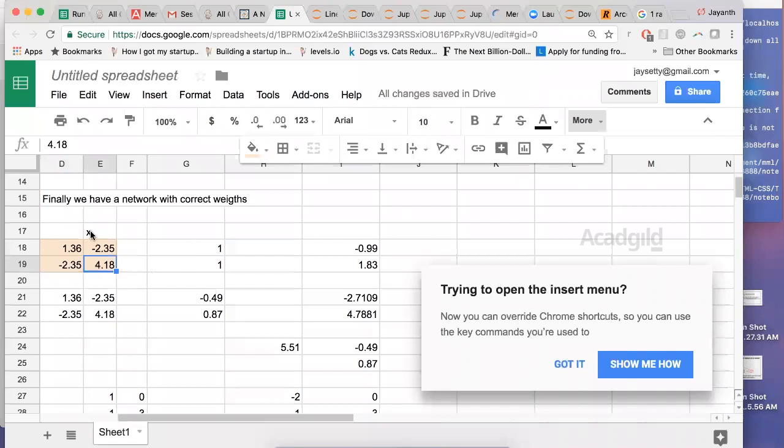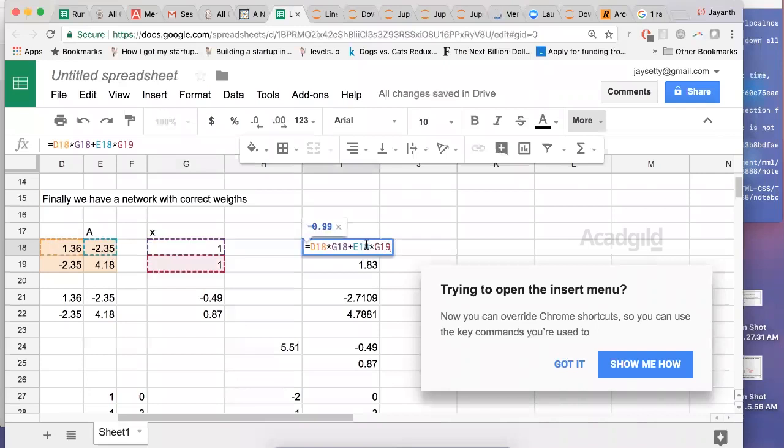This matrix is called A, and this is my X. Can everybody see this? Because this is a very important concept. I have multiplied the matrix A with matrix X, and this is the value.